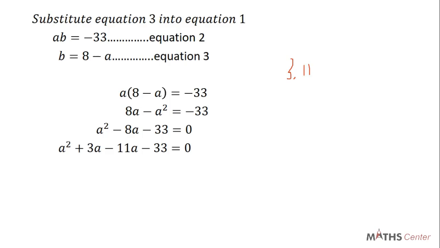So we are going to make it 3 and minus 11, because 3 minus 11 will give us negative 8. 3 times minus 11 will give us minus 33.